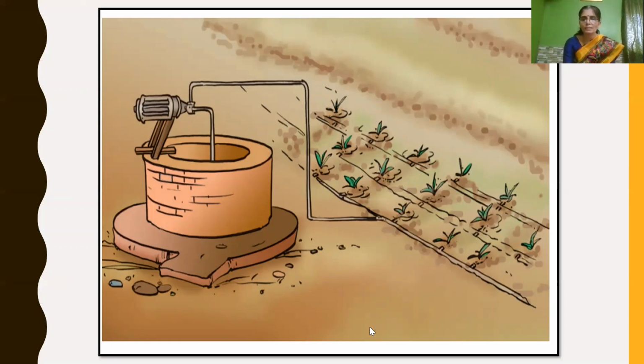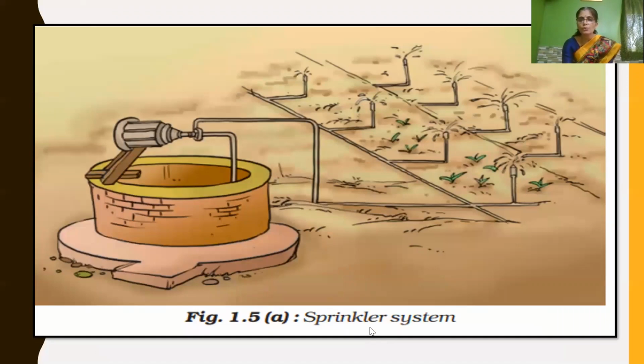For which plants is it useful? For fruit plantations, gardens. And for which place is it useful? Places where there is less water or scarcity of water. And here you can see the sprinkler, which splashes water, with perpendicular pipes everywhere, isn't it?